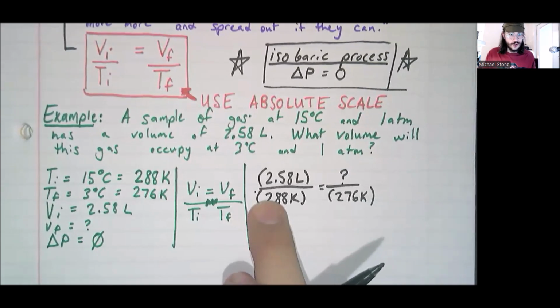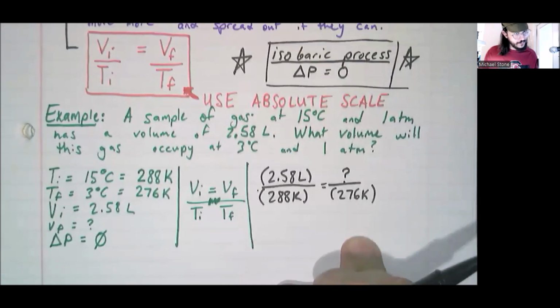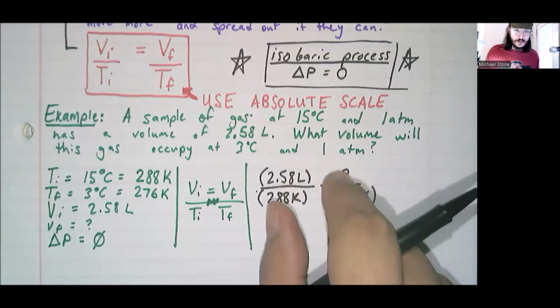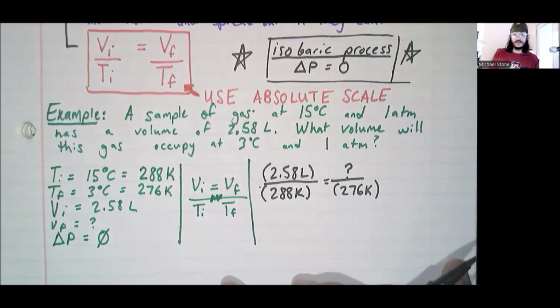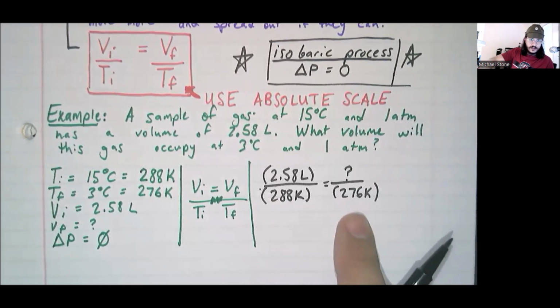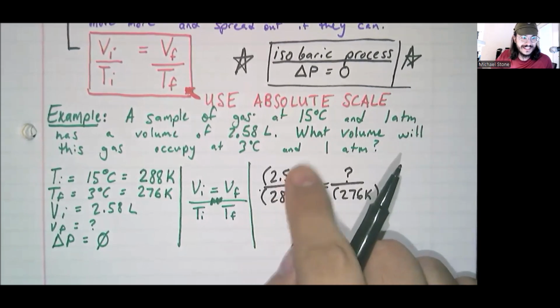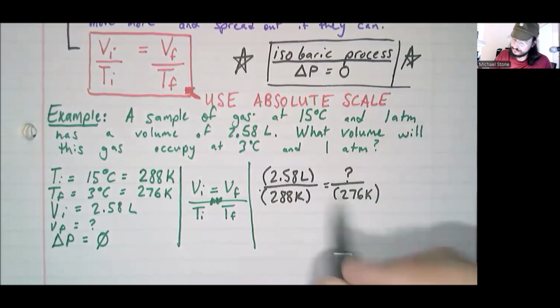The temperature drops. If the temperature drops and the volume is directly proportional, we better get an answer that is smaller. Looking at the size of the decrease, very slight, so I wouldn't expect this volume drop to be too big.